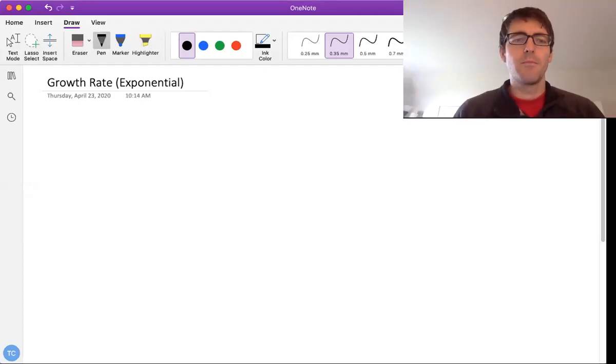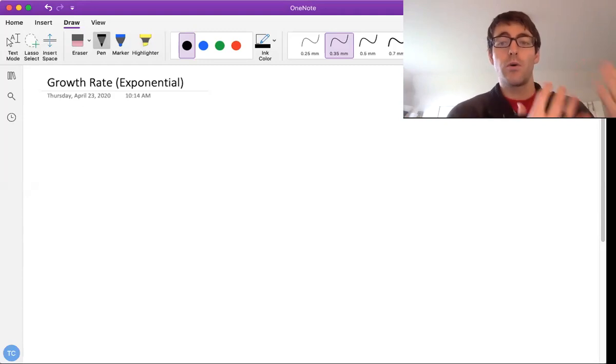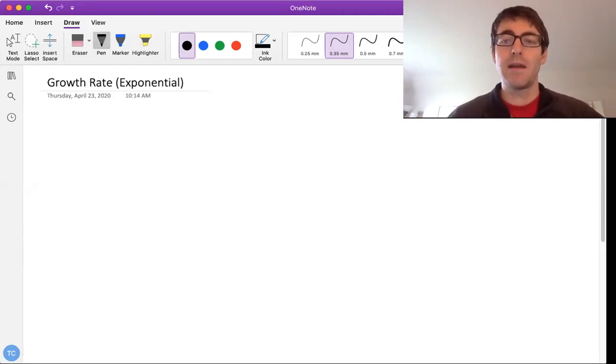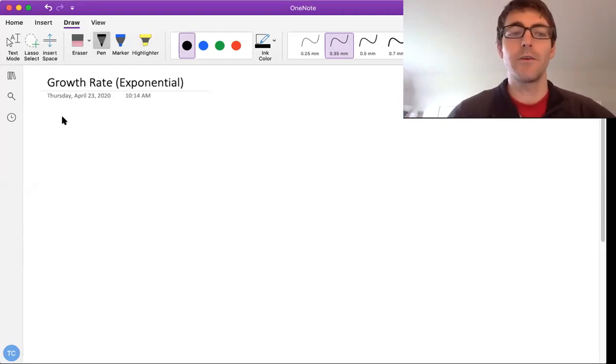I want to talk a little bit more about this idea of a growth rate, especially in the context of an exponential model. So that's either exponential growth or exponential decay, depending on what exactly we're talking about.